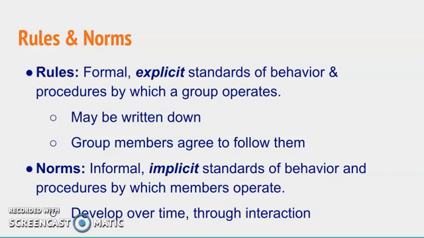Rules are explicit standards of behavior about how the group is going to operate. You have an expectation, you wrote it down. That's what makes it a rule: it was clearly stated and everybody agrees to follow it. Like in my workplace, a group rule is we always have a meeting the Tuesday afternoon before the semester starts, and then we have one again on Wednesday afternoon.